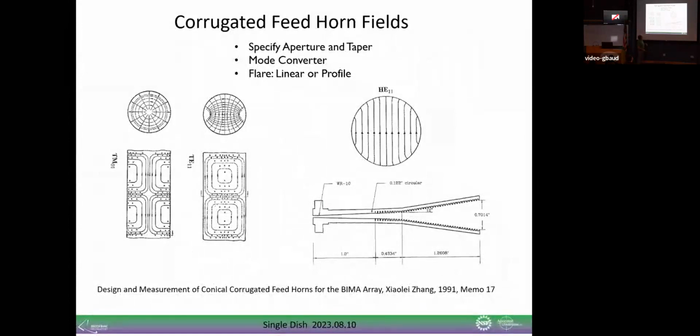What you want with this HE11 mode is to phase up these two electric field components. The corrugations make the feed diameter look like a different diameter for the two modes, and that slows one mode down in order to match the other mode up. So the fields add up in the aperture to give you nice parallel field lines. You have to do that, and the corrugations allow that to happen.